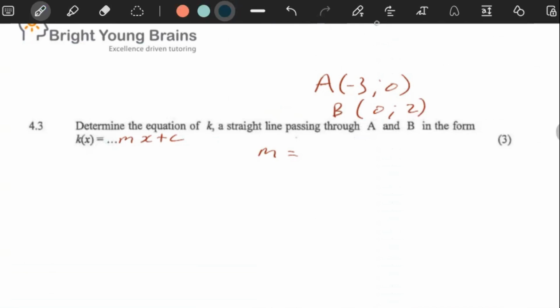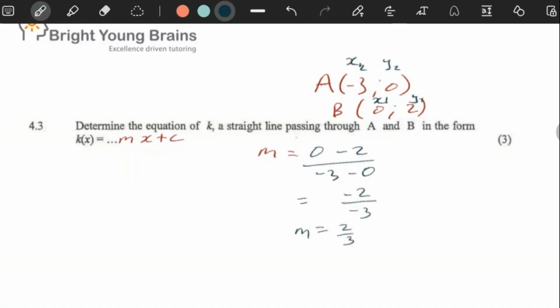So we have x1 and y1, and x2 and y2. So our value of m, we can say it's 0 minus 2 over -3 minus 0. So this is going to be -2 over -3, which is 2 over 3. That's the value of m.